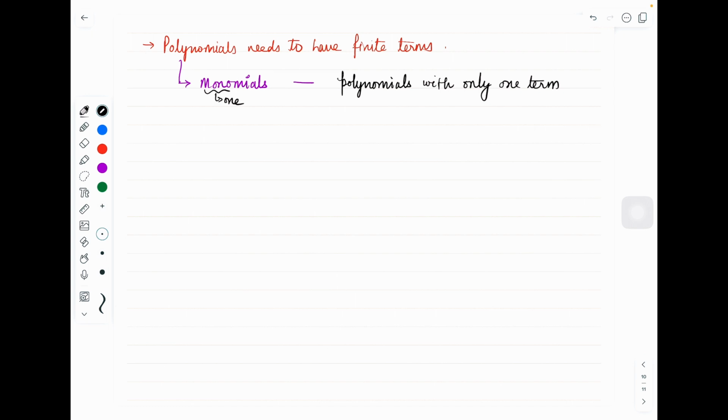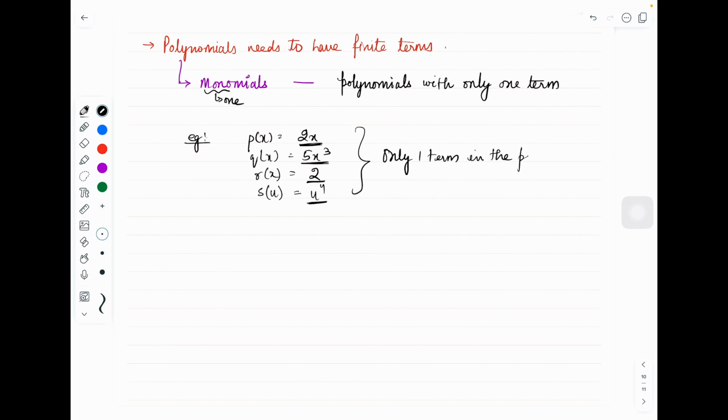Some examples are p(x) equals 2x, q(x) is 5x cube, r(x) is 2, s(u) equals u to the power 4. See, only one term is there: 2x, 5x cube, 2. Only one term in the polynomial.